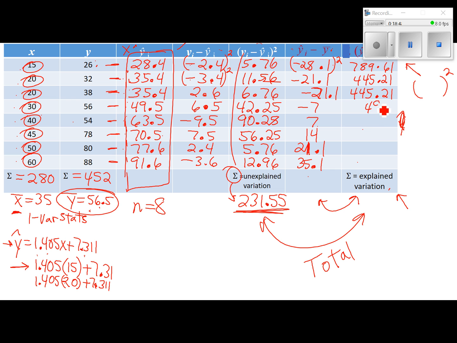And this one's 49, 49. This one's 196. 21.1, we already did that, it's right up here, 445.21. And then the last one, 35.1 squared, ended up being 1232.01.